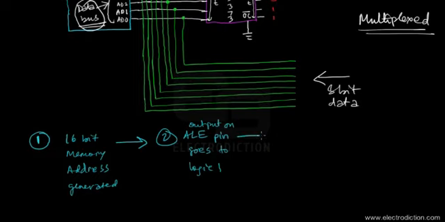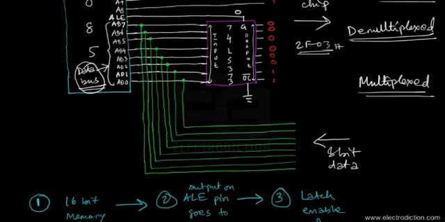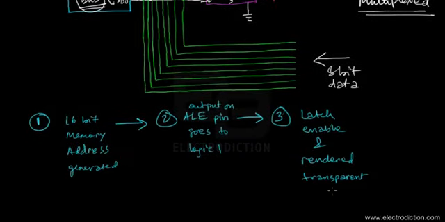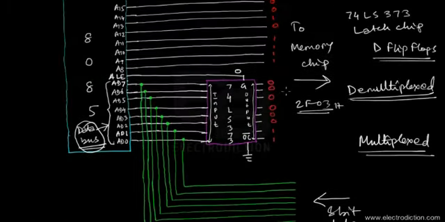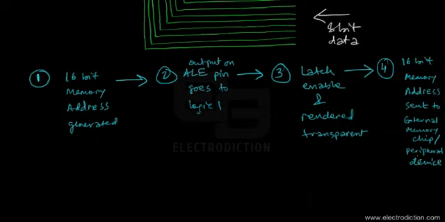Then step 3: the latch chip over here is enabled by the ALE pin's output signal, and it is rendered transparent. Now step 4: the 16-bit memory address appears at the output of the latch chip, and is sent to any external memory chip or any external peripheral device connected.